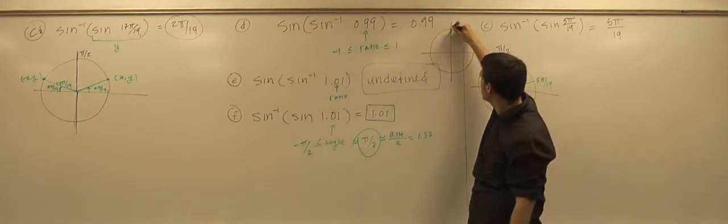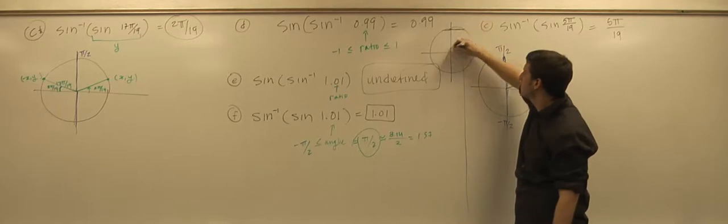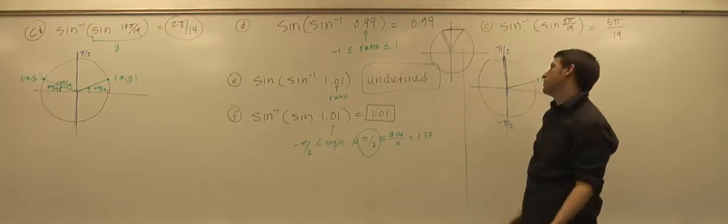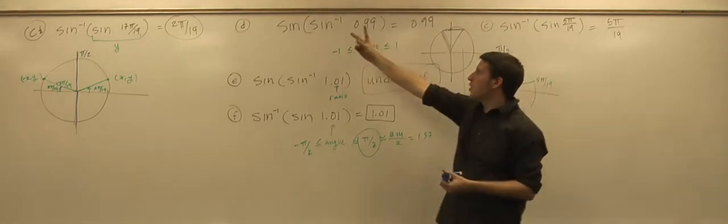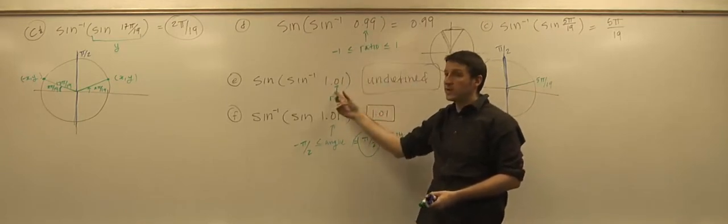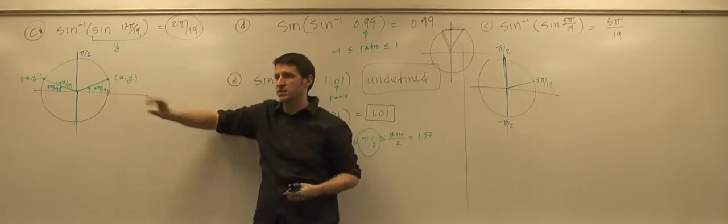So it would be up here if I graphed it. And so this is where your y value equals 0.99. So you're looking for this angle or this angle. But there's no need. In this order, it's either going to be less than 1 and then it works, or it's going to be greater than 1 and then it doesn't. There's no need for this kind of tricky business.